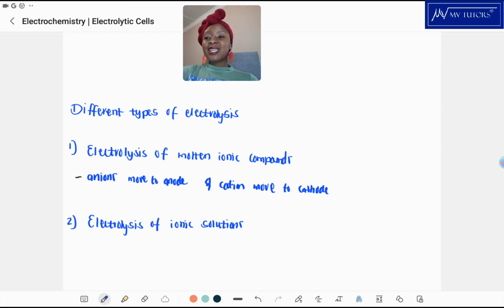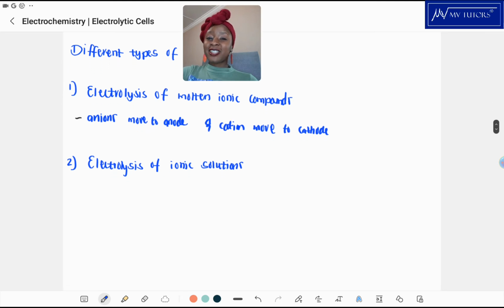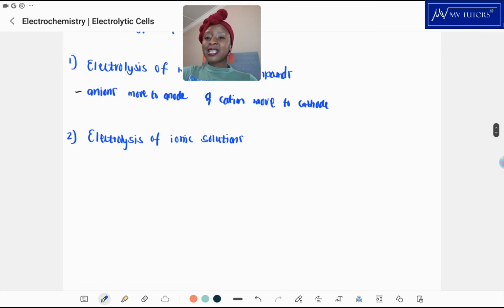But now we get to the electrolysis of ionic solutions. This one is not so straightforward, because it depends. With ionic solutions, you normally have water. So you have a salt that you put inside water, and once that happens, it starts to dissociate, break apart, and you have your cation and your anion.